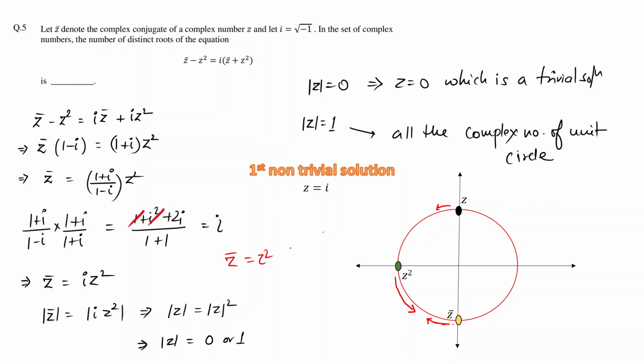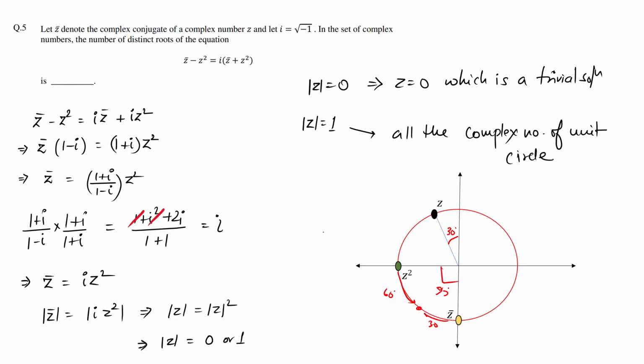But let's not solve this, we will get confused working on two things at the same time. So let's keep our focus, but just letting you know that when your z is at 120 degrees, when it moves 30 degrees, this will move 60 degrees like this, and this will move 30 degrees. So they will come at the same point, because this angle is 90 degrees, right? So these two complex numbers z bar and z square will coincide.